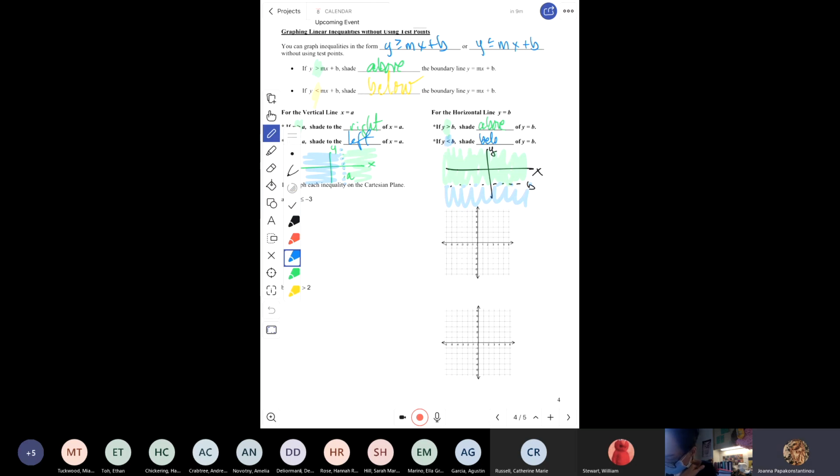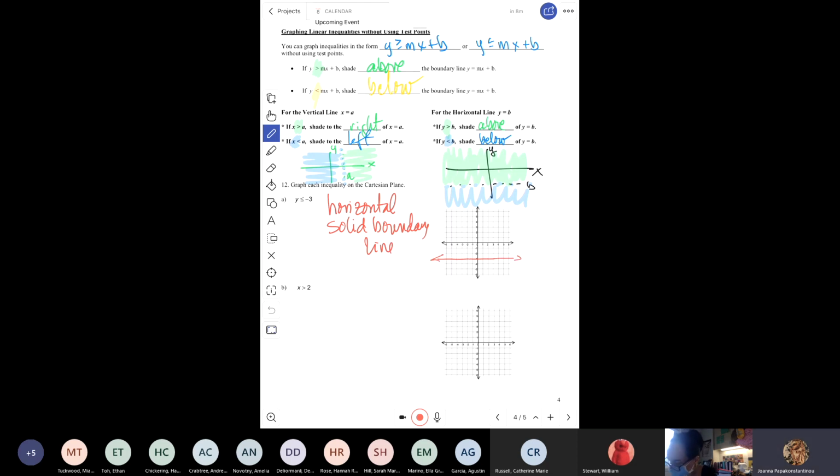So let's just look at 2 examples. I have y is less than or equal to -3. Tell me, what type of line is the boundary line? It is a horizontal boundary line, and is it solid or dotted? It is solid. So a horizontal solid boundary line, and it is at y equals -3.